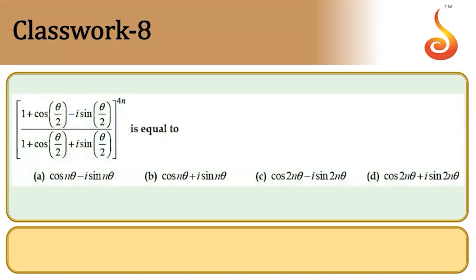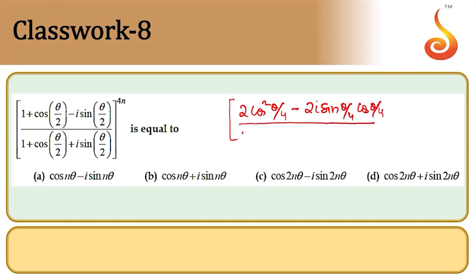Example 8. This is a simple one. So 1 plus cos theta minus i sin theta can be written as 2 cos square theta by 4 minus 2i sin theta by 4 cos theta by 4, divided by 2 cos square theta by 4 plus 2i sin theta by 4 cos theta by 4, whole to the power 4n.